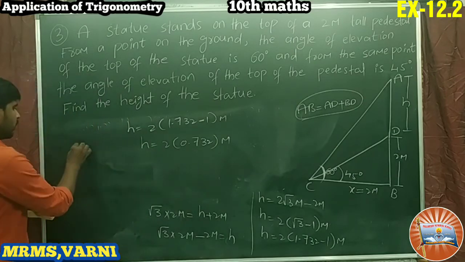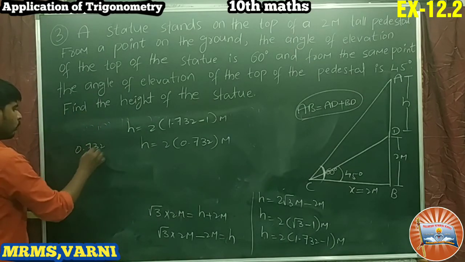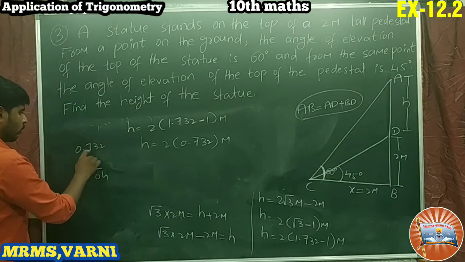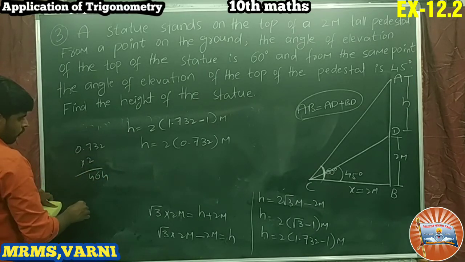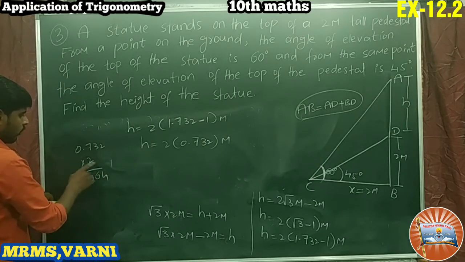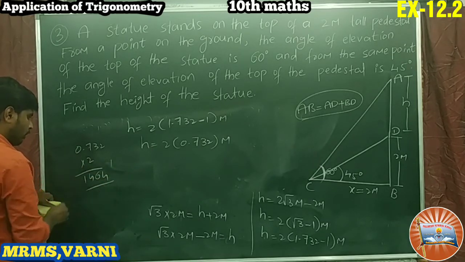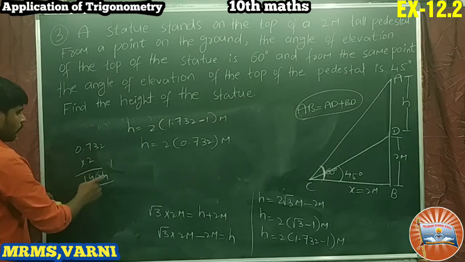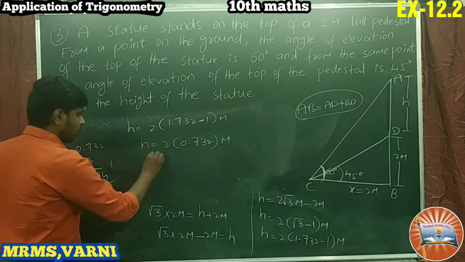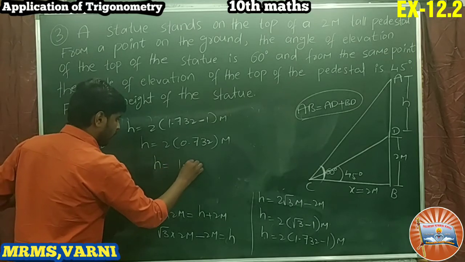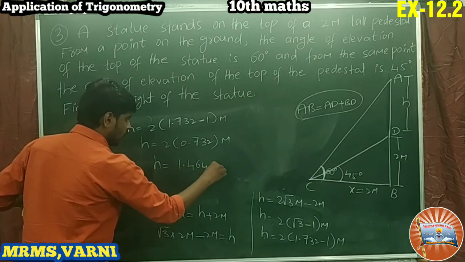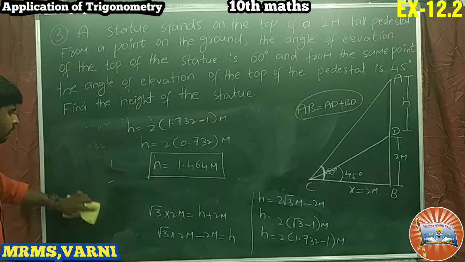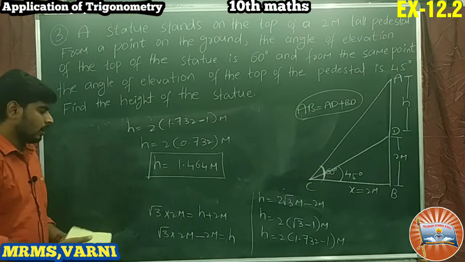Now multiply 0.732 into 2. 2 twos are 4, 2 threes are 6, 2 sevens are 14, 4 here, 1 carried, 2 zeros. Take the decimal point after 3 digits. So h is equal to 1.464 meters. This is the value of h. h is nothing but the height of the statue.